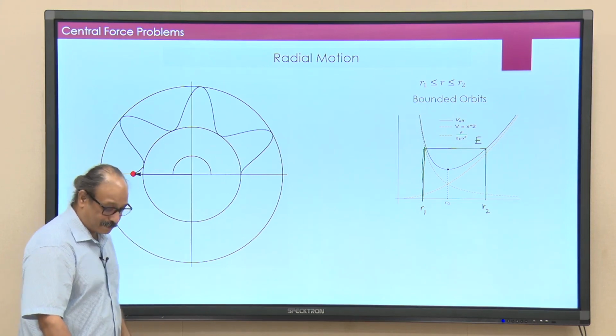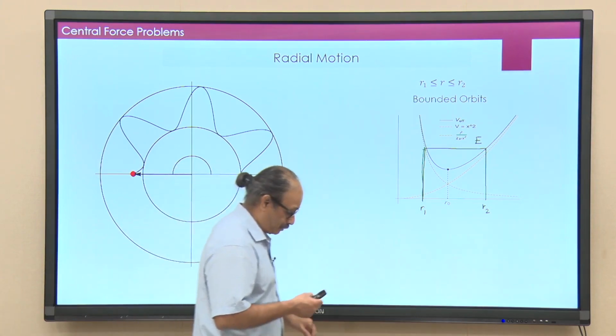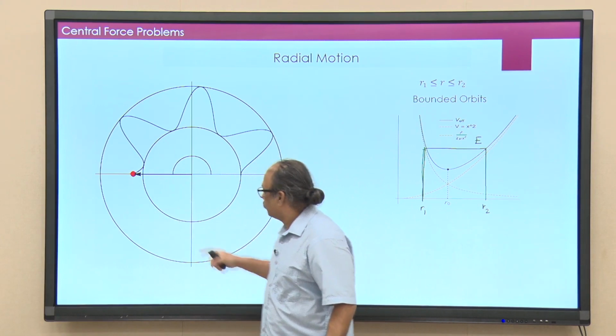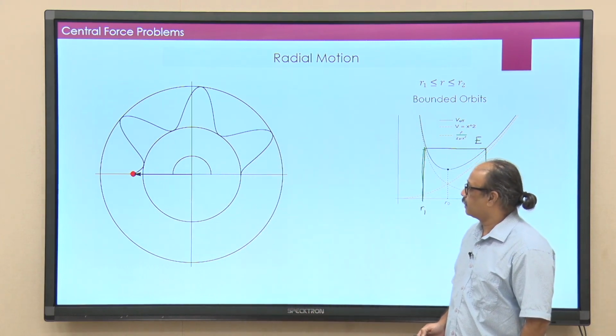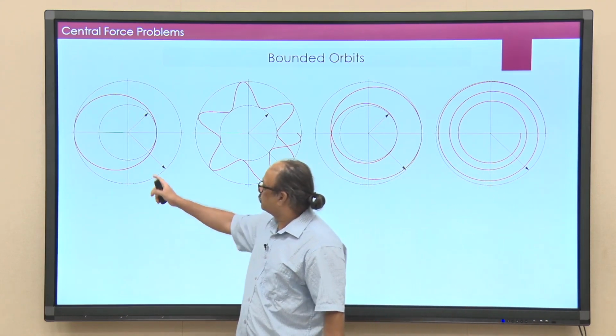So, here are some possible examples. These will of course continue like this, but these are not the only possibilities. Let me show you some examples. Here, look at the first one.